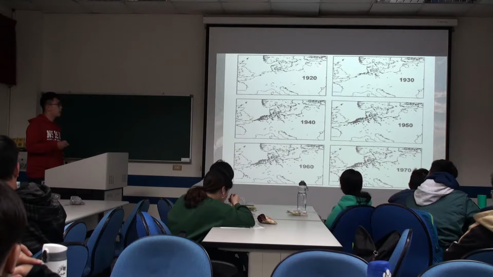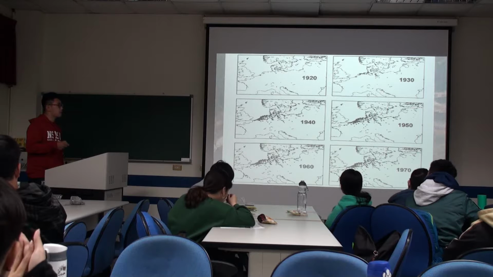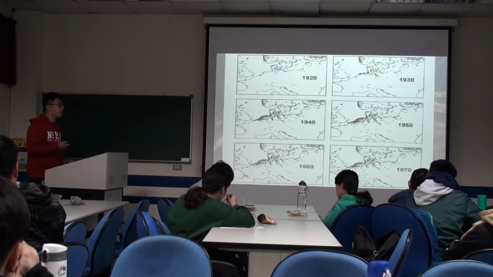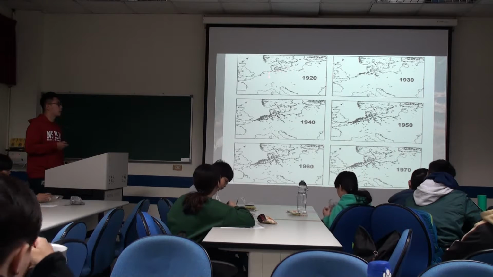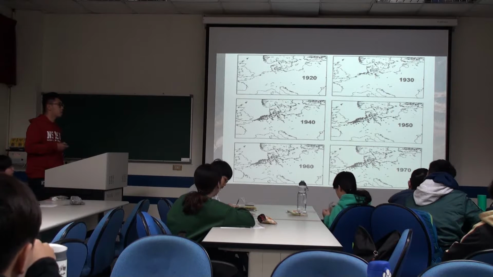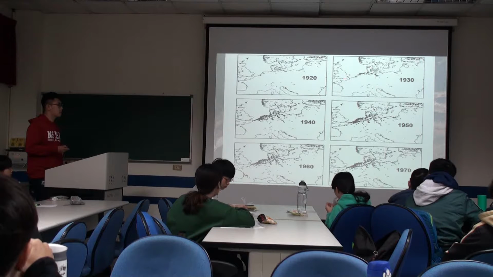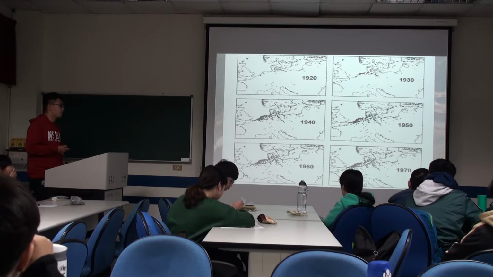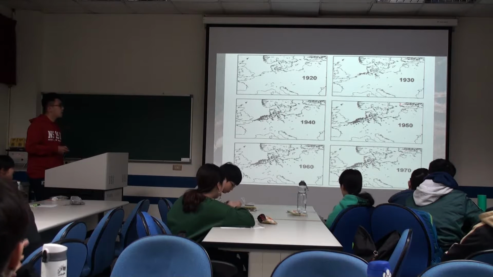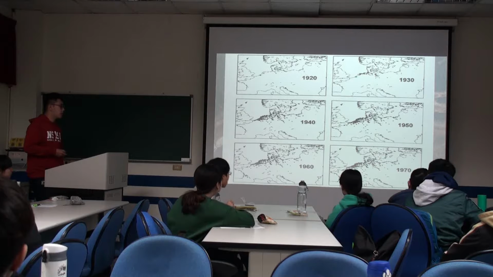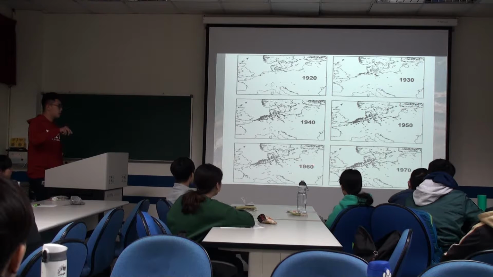In the 1920s is the first found record, in the estuary of the River Weser and Elbe, and you can see they keep increasing and coming to the upstream parts, until the 1960s, when we first found the crabs in France.